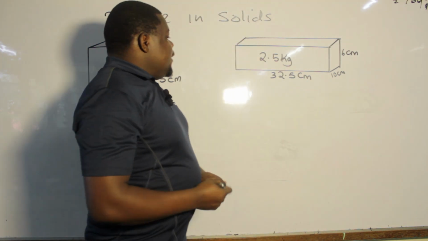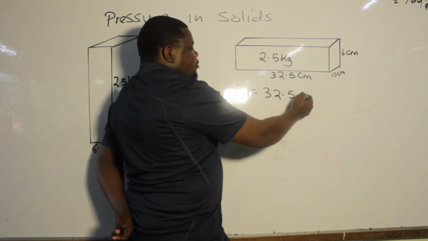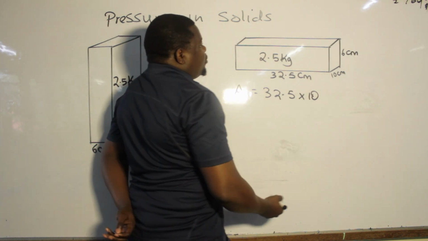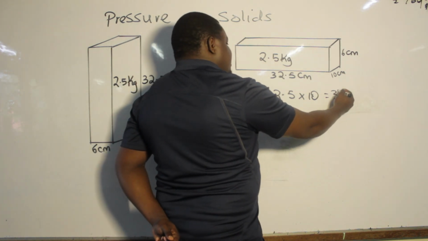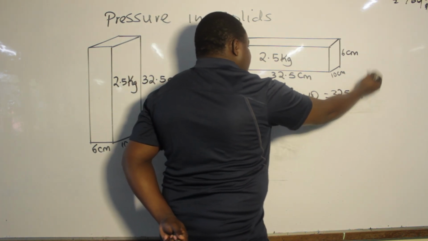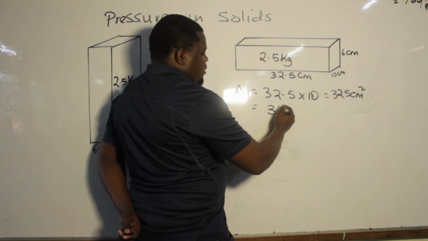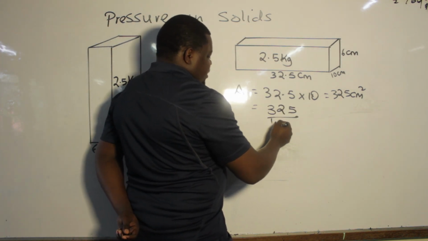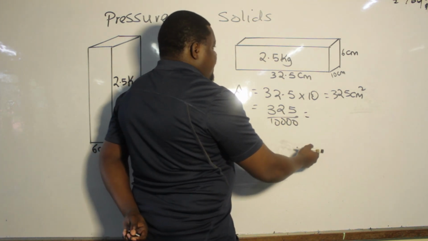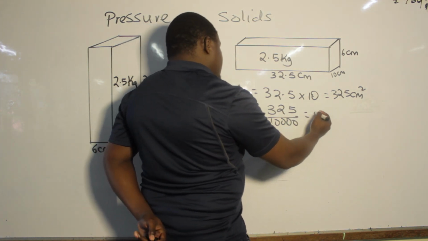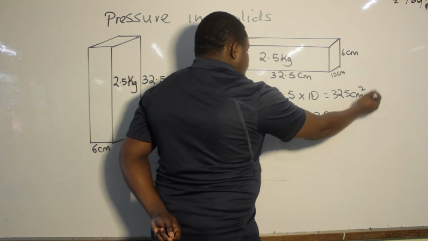So area here is going to be 32.5 multiplied by 10, which of course gives us 325 centimeters squared. We change to SI units by dividing by 10,000, and it becomes 3.25 times 10 to the power negative 2.